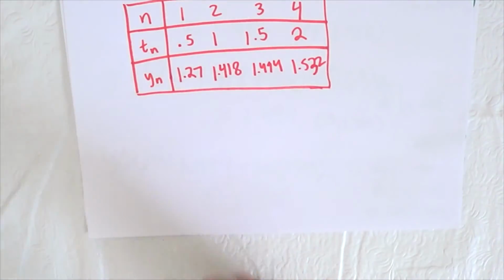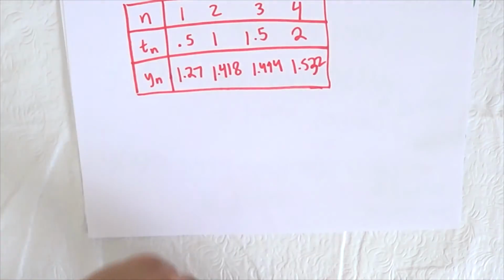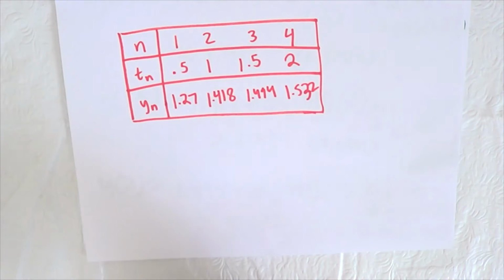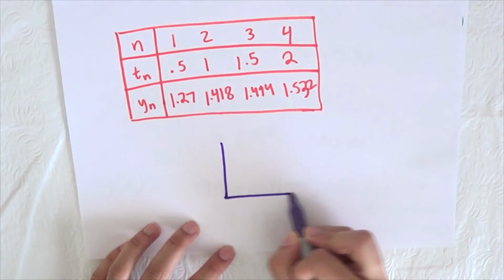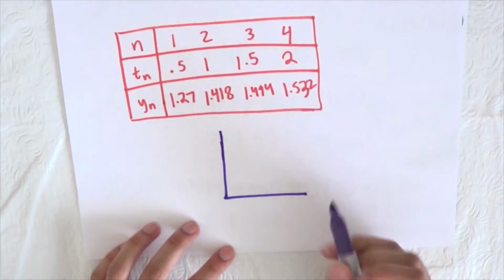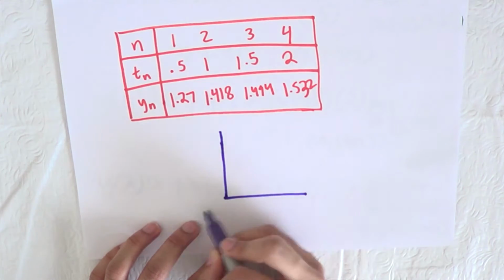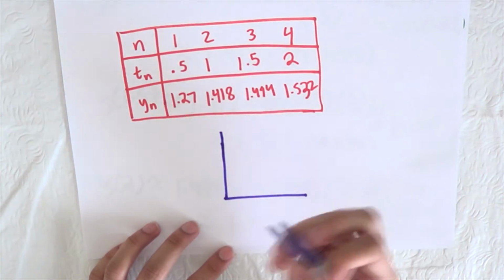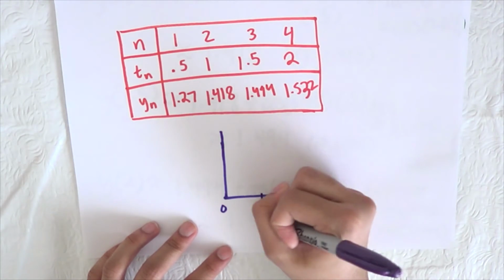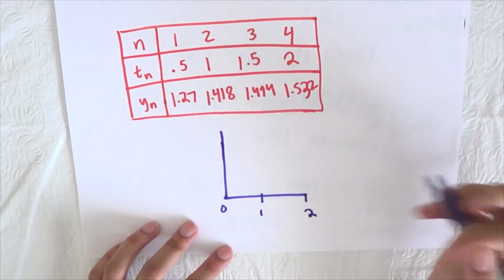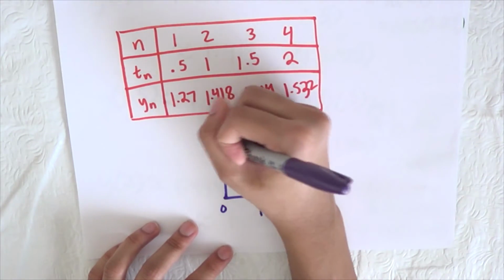So you just graph it out. Let's use a different color. Let's use purple. So now you just graph it out from this table, and you'll get a simple graph. Doesn't have to be anything special. And then we have, so this will be your t's, this will be your y's, just like usual. 0 to 2, 1, 2, and then here we could just go by 2 again.